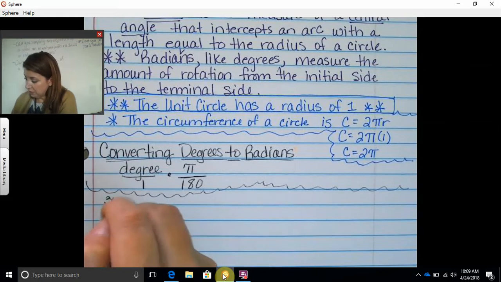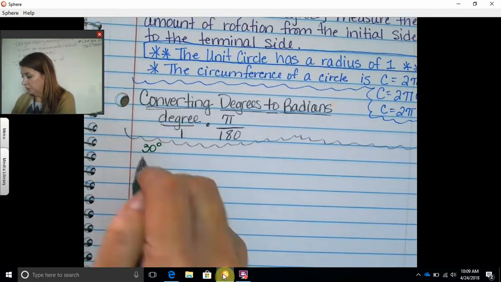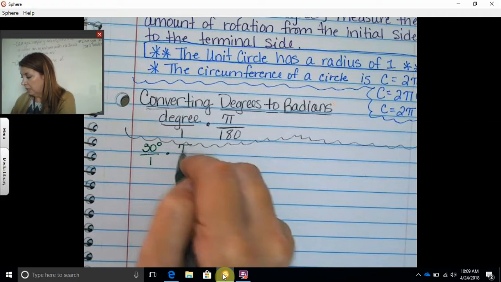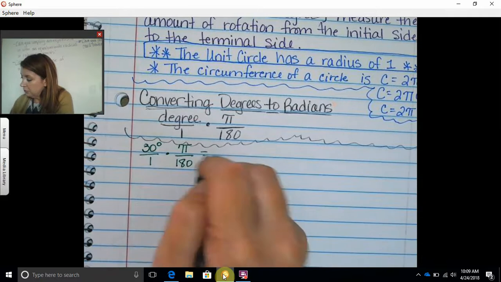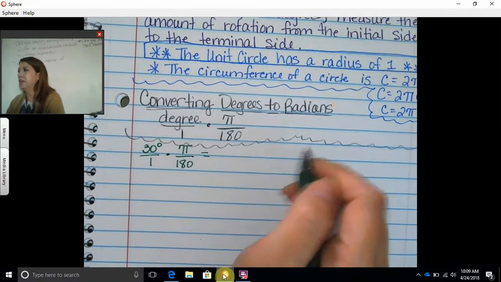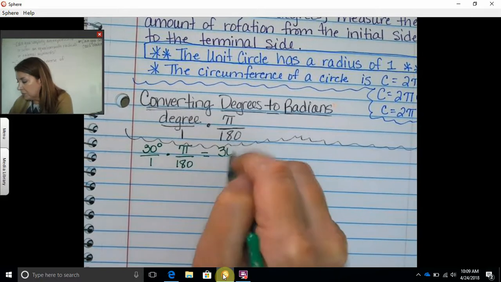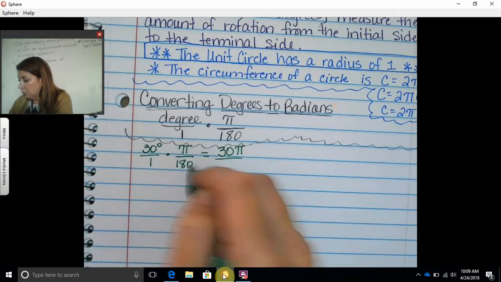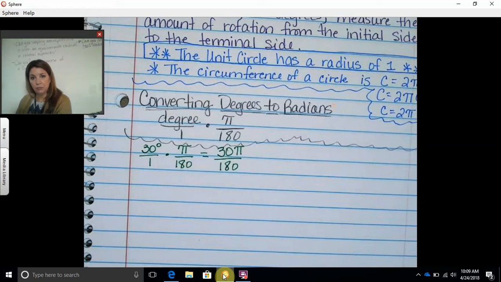So we have 30 degrees, because it's degrees over 1 times pi over 180. So when we multiply fractions, we do numerator times numerator, and you don't want to change pi to 3.14, okay? You want it in terms of pi. So 30 times pi is 30 pi, and 1 times 180 is 180. And you want to leave it as a fraction, okay?